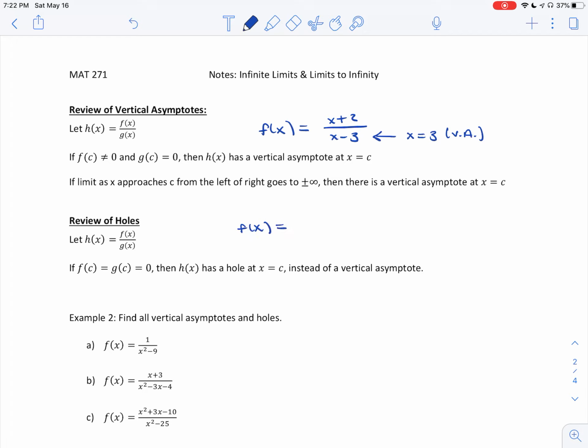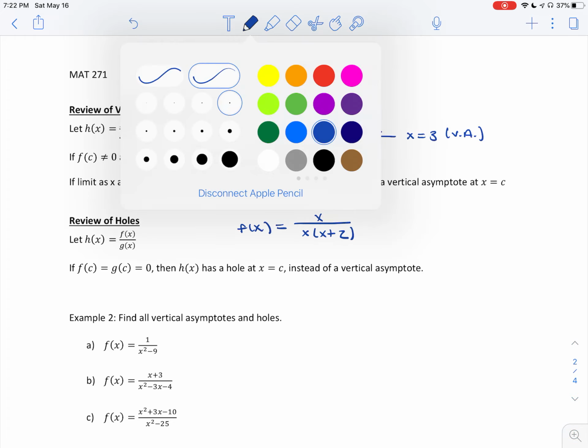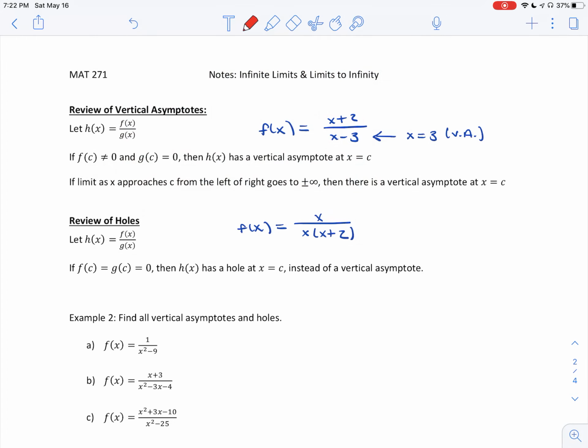Okay. Now, holes on the other hand, let me give you another function. Say we have f of x is equal to x divided by x times the quantity x plus 2. Now this time you'll notice that we have this common factor of x in the numerator and denominator. I'm going to start by canceling that out. Whenever we cancel a common factor, that's what gives us a hole in the graph.